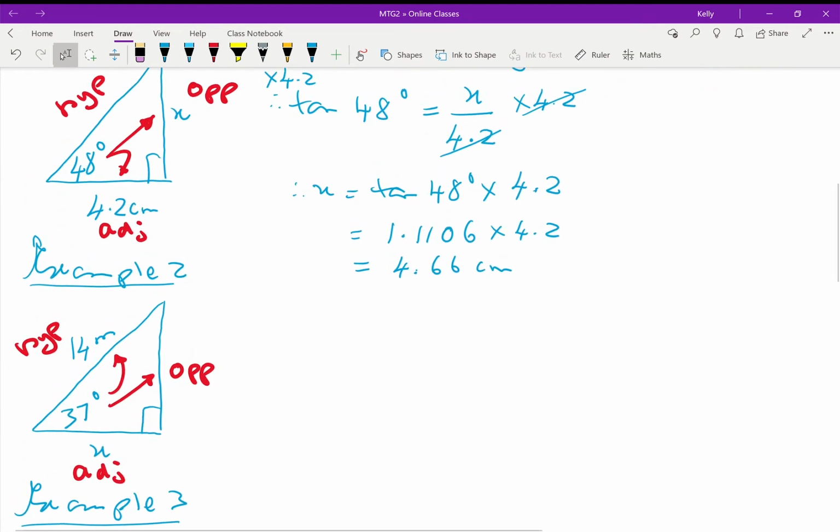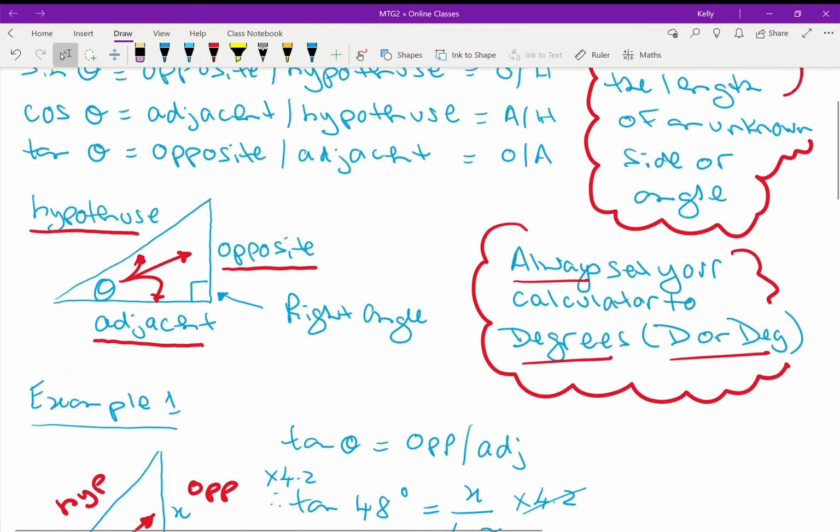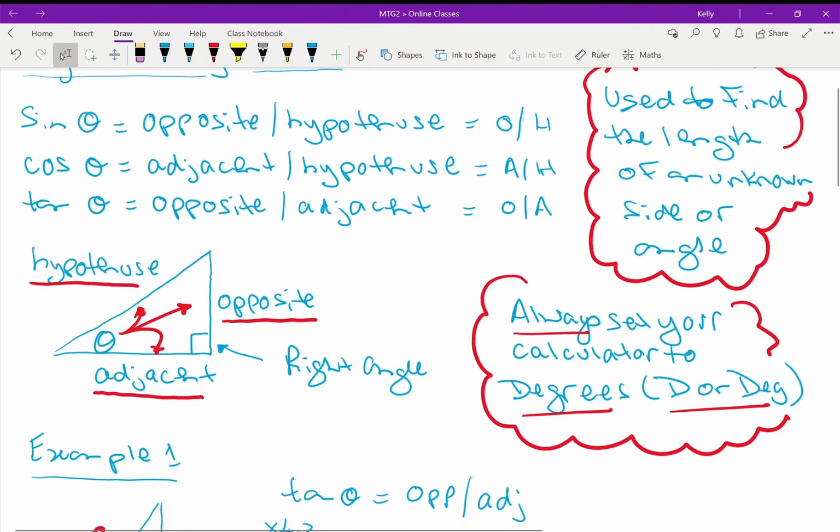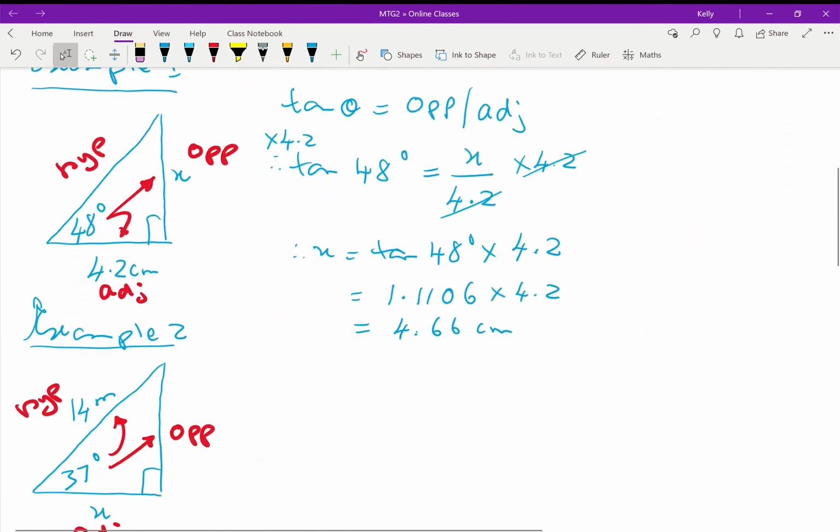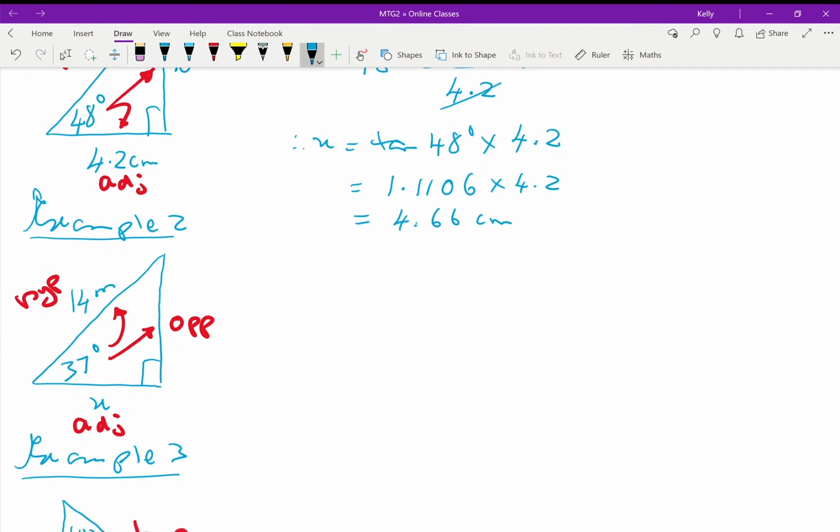In example number 2, I've got my opposite side and my hypotenuse. So looking at my ratios again, my opposite and my hypotenuse is my sine ratio. So I'm going to put in sine of theta is equal to my opposite side divided by my hypotenuse. Alright, so what's my angle? 37 degrees.